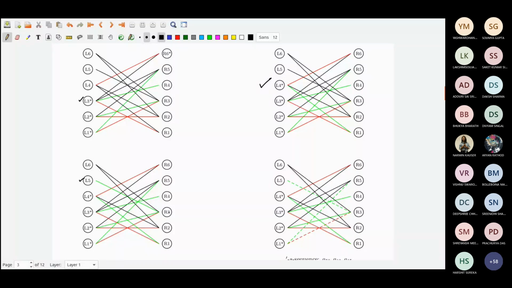Now, because R3 is matched, but remember in the beginning everything on the right was having stars. So where did its star go? Well, now its star has gone to the left hand side because you have found some green edge adjacent to L1.